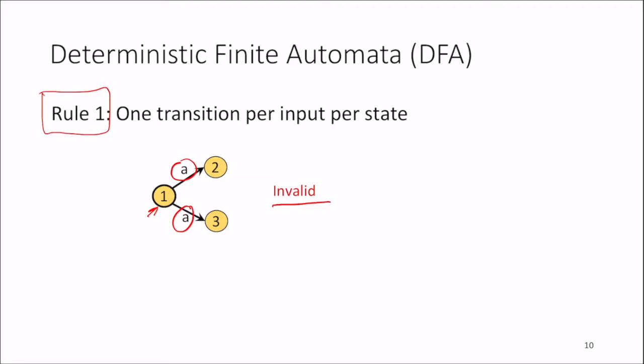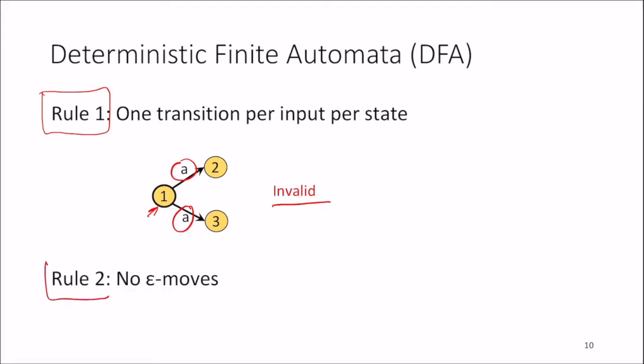And you can see why. If you're at state 1, I want to know exactly one state I need to go to on an input symbol. If I have a choice between two different states, then I basically have to say, I don't know which one. It's either 2 or 3, and I should try both. So that's not deterministic, and hence it's not allowed in a deterministic finite state automaton.